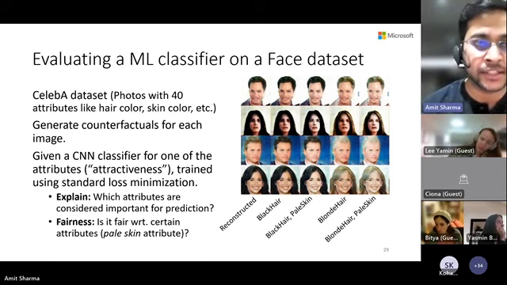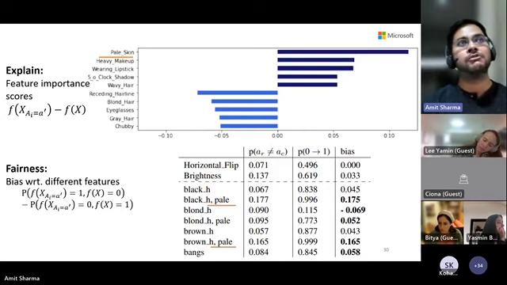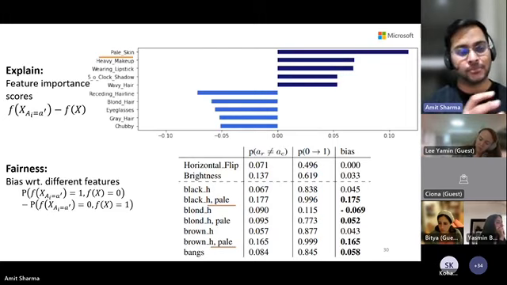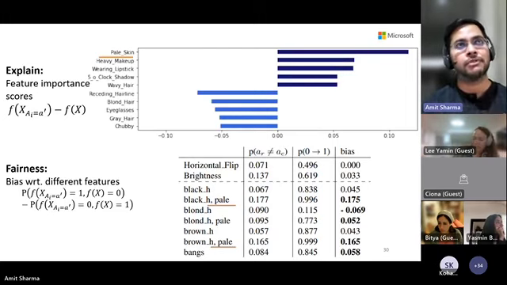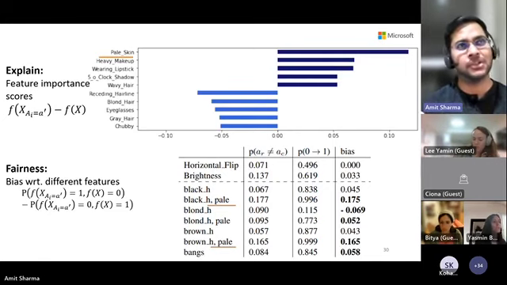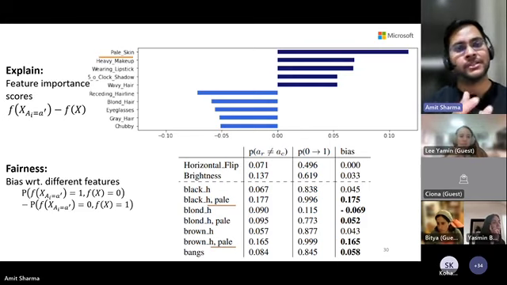And that's exactly what we did. The first thing we tried to see was for a CNN that we had trained on this dataset. This dataset actually has many issues, some of which are that there was some kind of attractiveness label also in this dataset. And apparently, people found out that there was a correlation between attractiveness and pale skin.